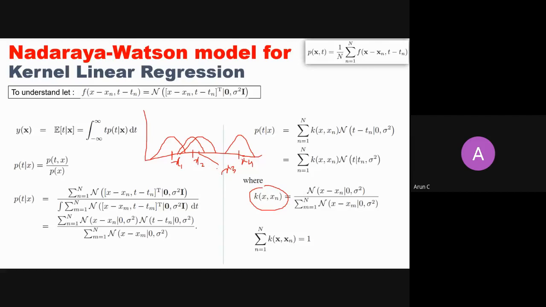Somebody asks you, what is the weight that you should give to x3? So what you do is calculate the probability. What is the weight that you should give for this x?